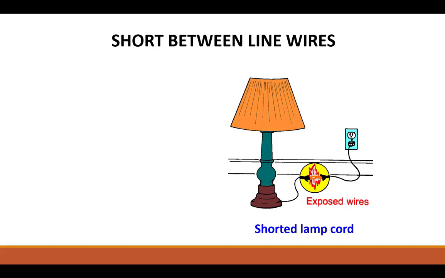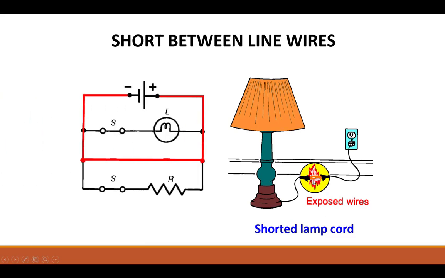A short between line wires, this will trip a breaker, because if my resistance is 0, which is the resistance of a short circuit, the current just shoots up towards infinity. So yeah, if I have shorted wires, from a schematic, it looks something like this, although this is being shown as a DC source, and this is AC over here.